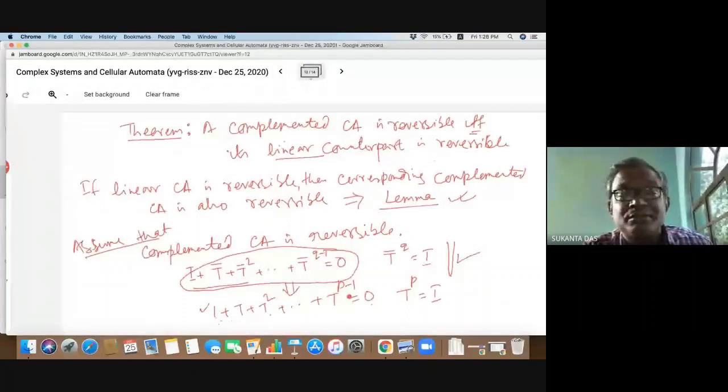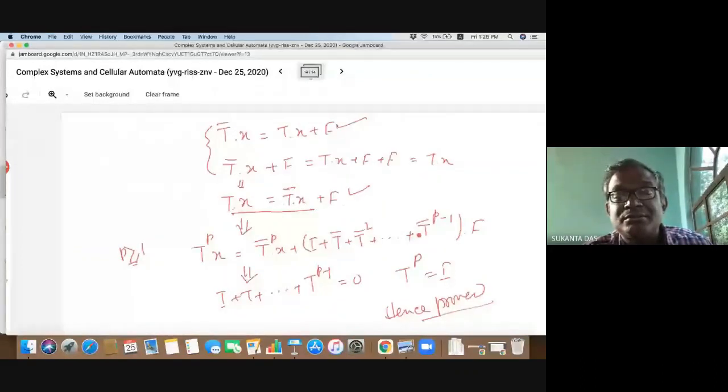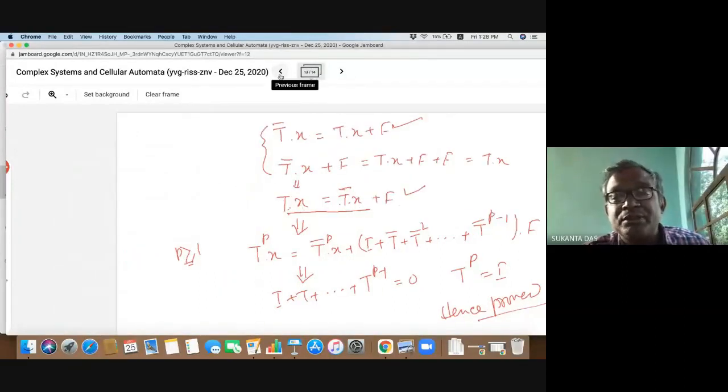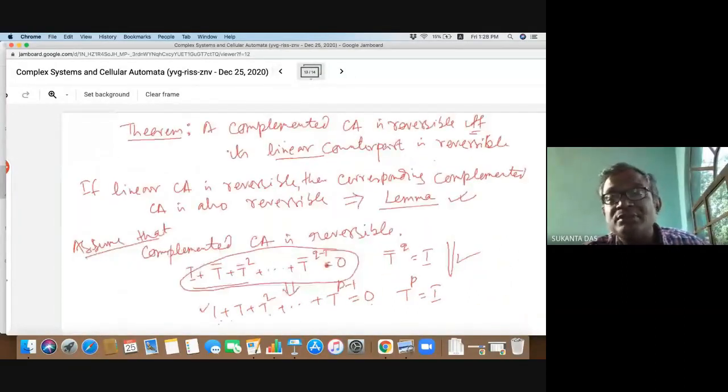So actually this is the statement: if Q is given, then there exists a P. Right, this is the point.